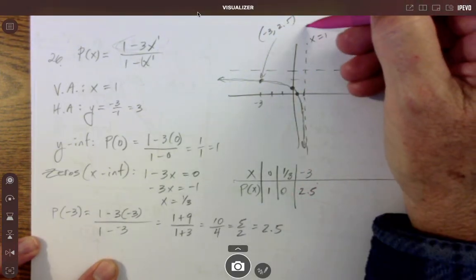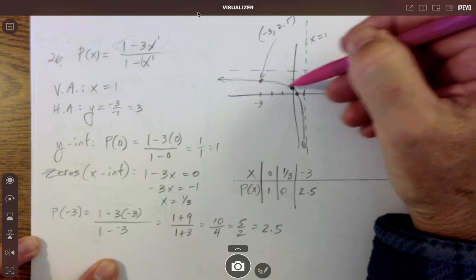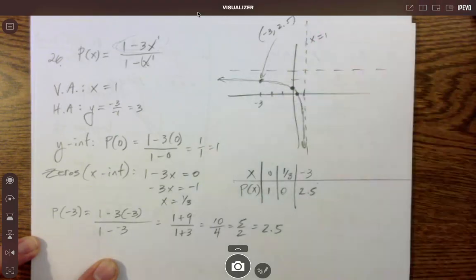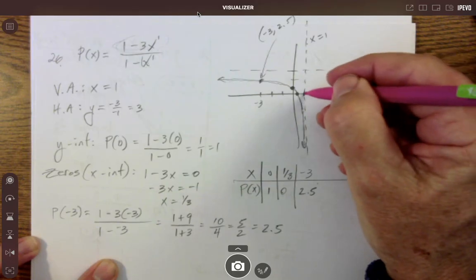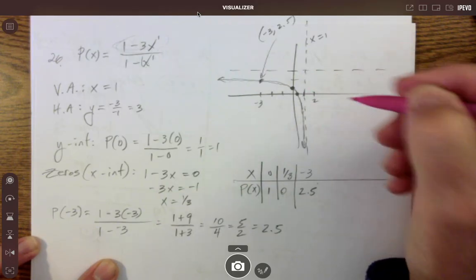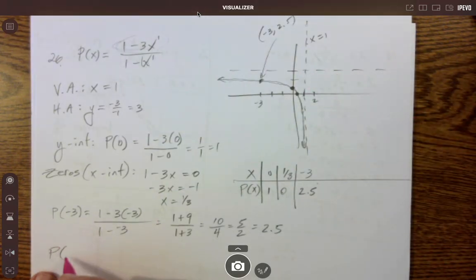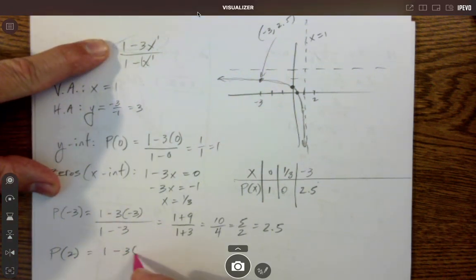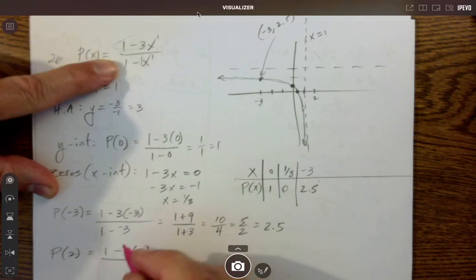The other graph is going to be the same as this, but it's going to be over here. It's going to do this. So let's get a couple of those points. There's 1, so let's try 2. What happens when I plug 2 in? So what's p of 2? That would be 1 minus 3 times 2 over 1 minus 2.